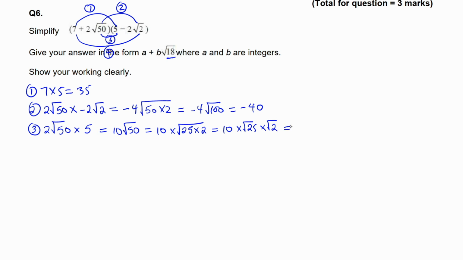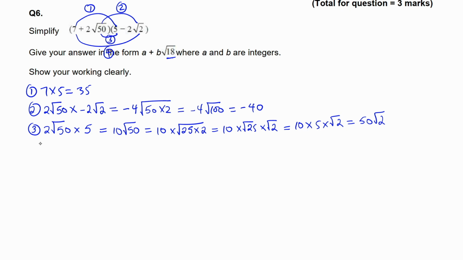Square root of 25 is 5, so this is the same as 10 multiplied by 5 multiplied by square root of 2, which will give you 50 square root of 2.